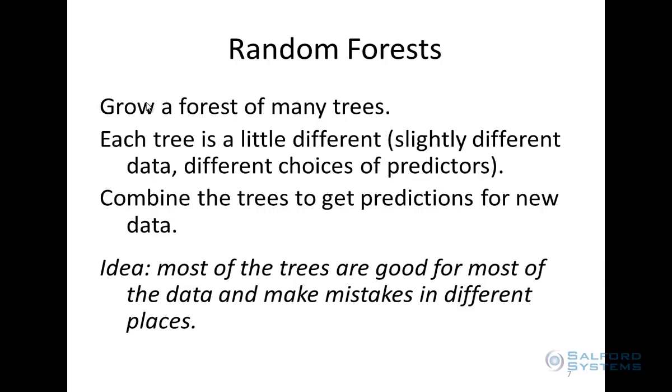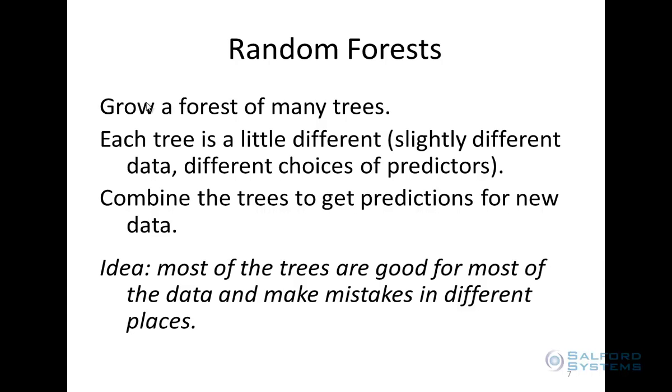The hope is that most of these trees do well on most of the data space. But they won't do well everywhere because there is a limitation. But what we hope is that these trees are different enough that they're making their mistakes in different places. It's like if you have a bunch of people and there's always a minority that are wrong, if that minority is always wrong in the same place, the group is going to be wrong in that place.